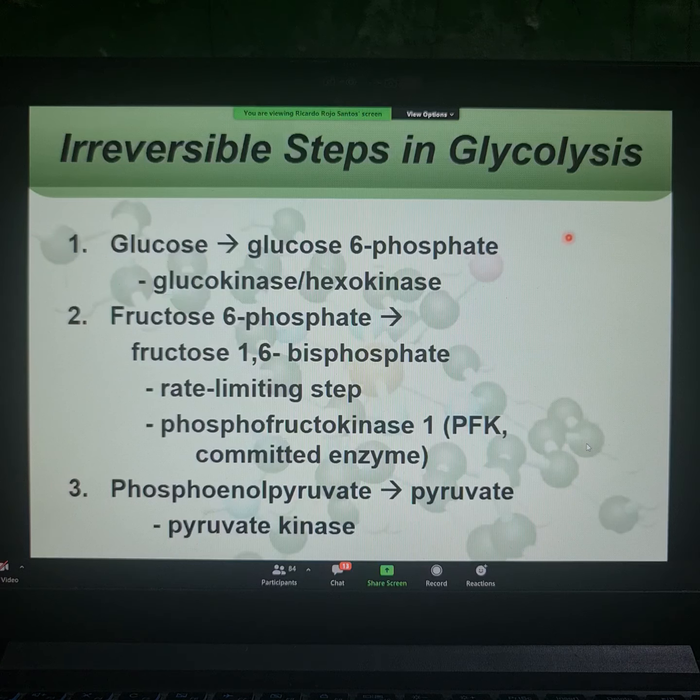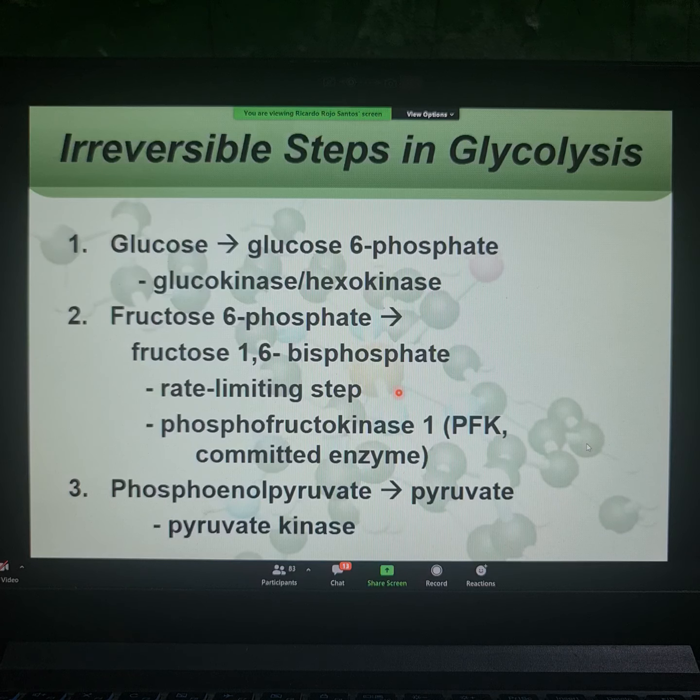What are these three irreversible steps? Two of them are in the energy investment phase. The first one is a conversion of glucose to glucose 6-phosphate catalyzed by any one of these two enzymes, which we have discussed already and differentiated the two from each other. And the conversion of fructose 6-phosphate to fructose 1,6-bisphosphate, wherein you add another phosphate group, that is to carbon 1 of fructose.